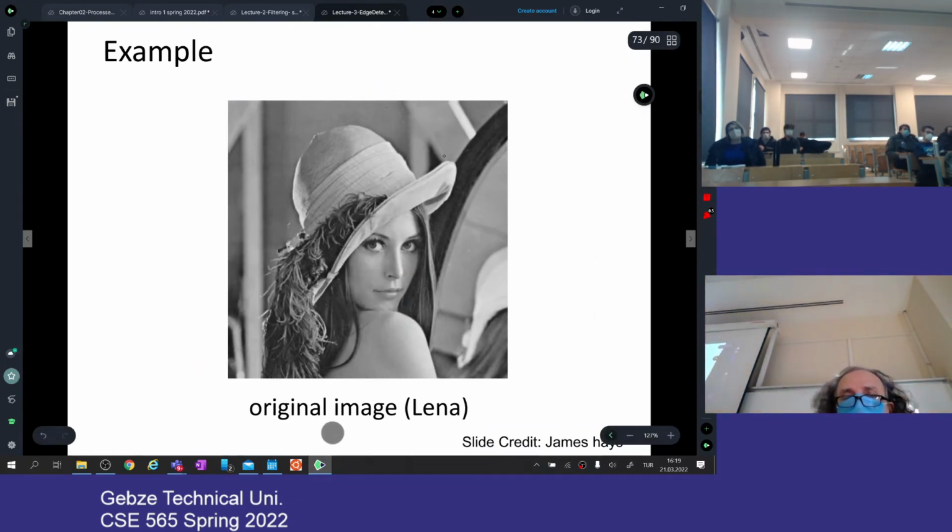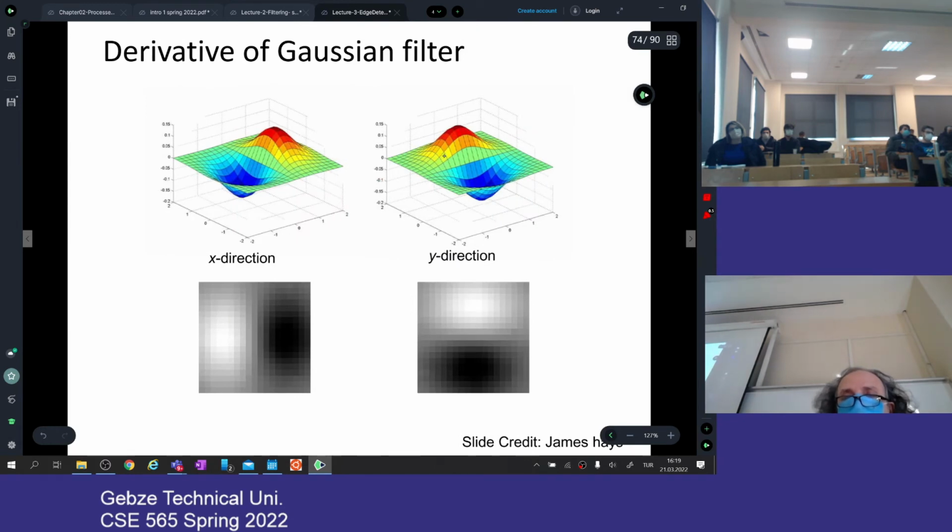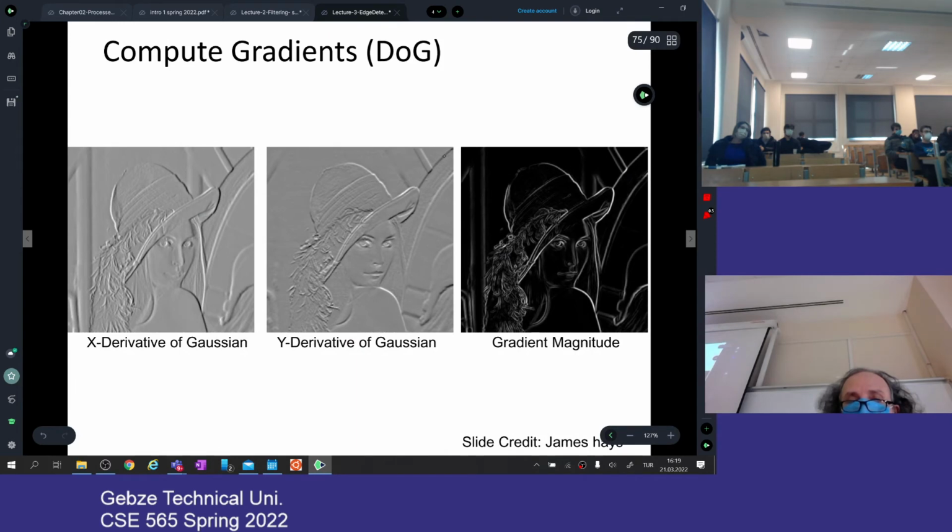If this is my original image, this is the x direction filter of the Gaussian. Just take the x derivative of the Gaussian, and the y derivative of the Gaussian. These two become my filters, and I apply them on the image. x derivative, y derivative.